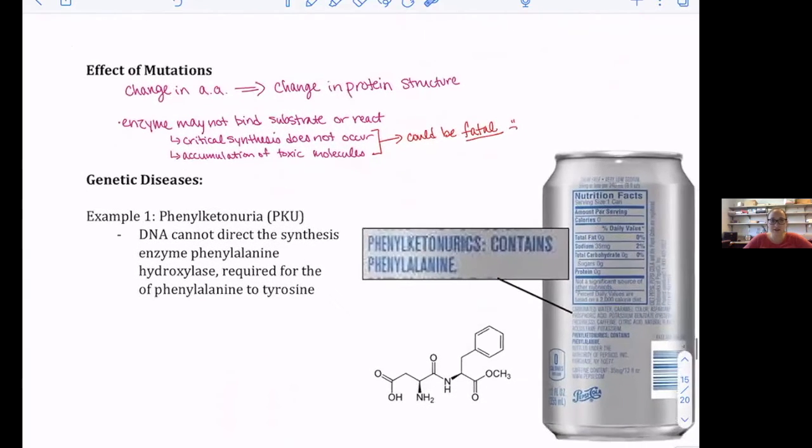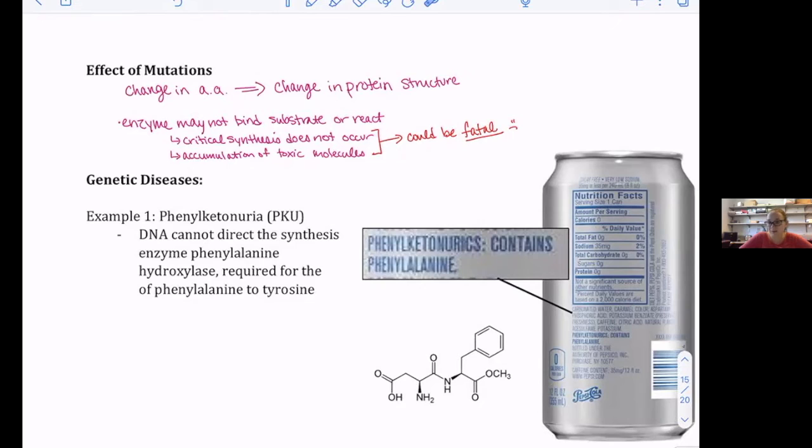So quickly, the effects of mutations. The change in amino acid could change the protein structure. It changes the primary structure, right? But that could also change the secondary, tertiary, and quaternary structure of that protein. For example, if it's an enzyme, it might not bind to its substrate anymore, or it might bind to the substrate but not react anymore.